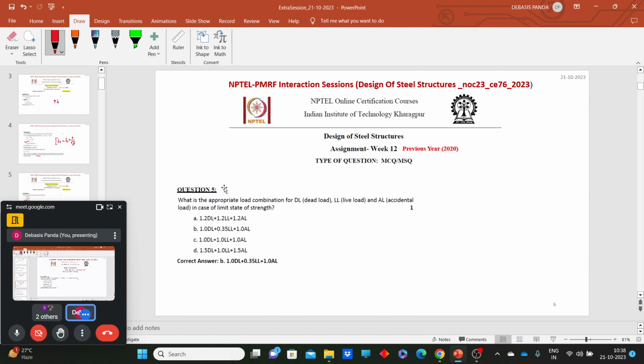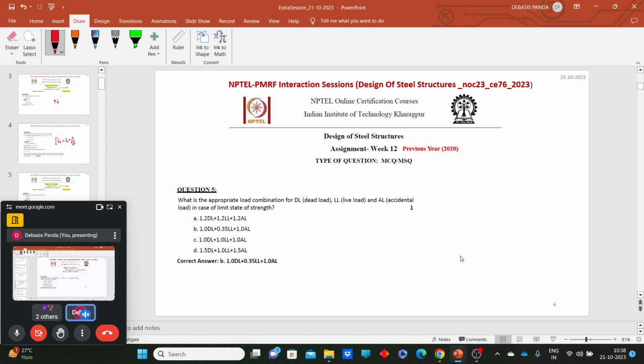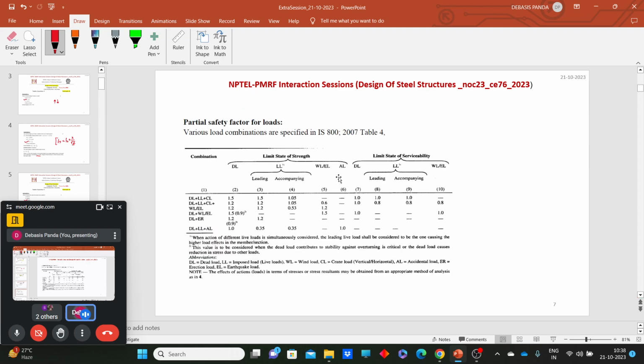Okay, this is regarding the load factor of safety of limit state. So for this load, what will be the factor of safety corresponding to different kinds of load cases? We have a dedicated table in our code IS 800 2007, and that is Table 4.